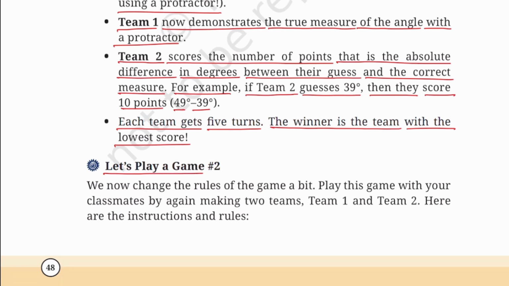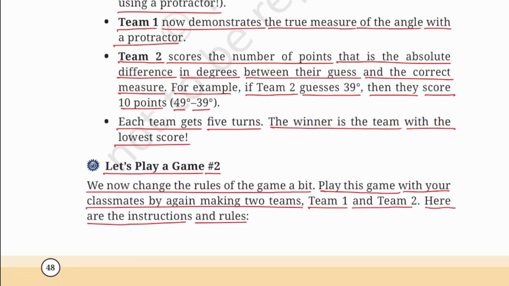Let's play game 2. We now change the rules of the game a bit. Play this game with your classmates by again making two teams, Team 1 and Team 2. Here are the instructions and rules.